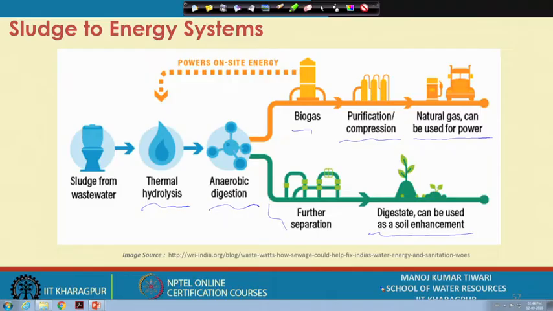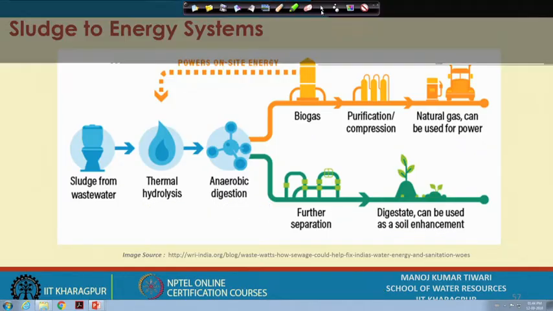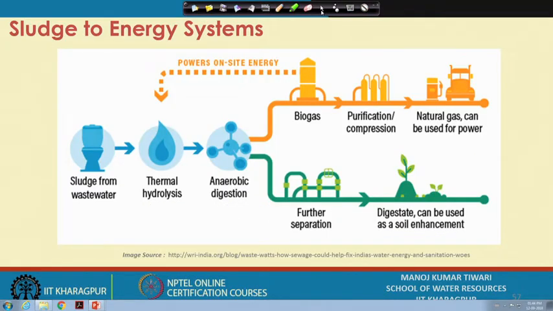So, that is the anaerobic approach of generating energy, and of course the incineration approach is already there. The heat energy which we generate from incinerating can be further converted to electricity or any other system, whereas the anaerobic digestion leads to biogas generation in the form of energy.